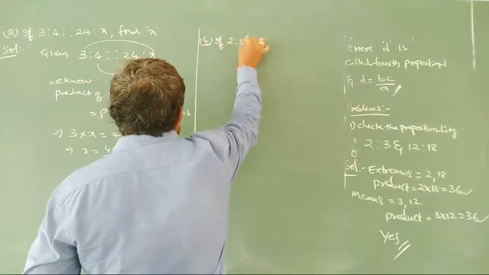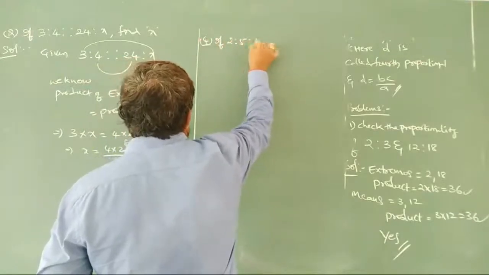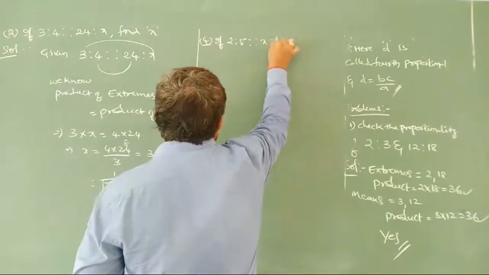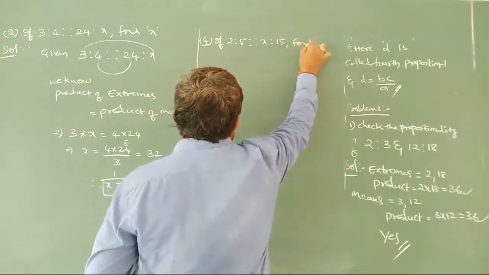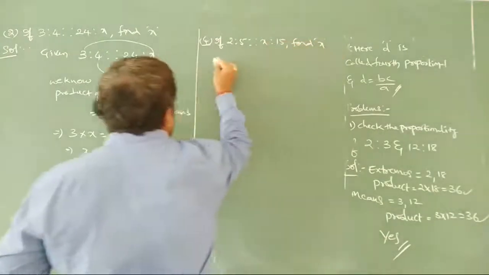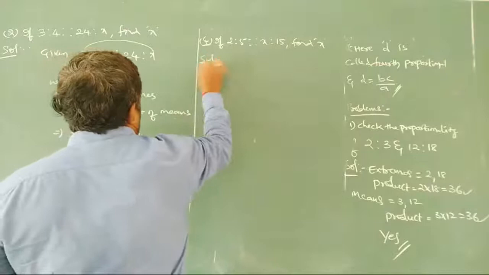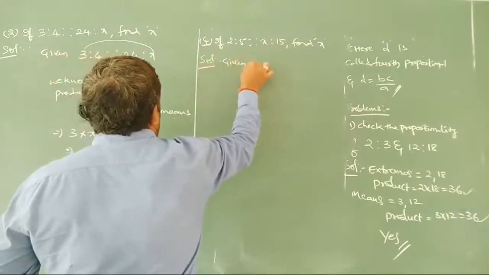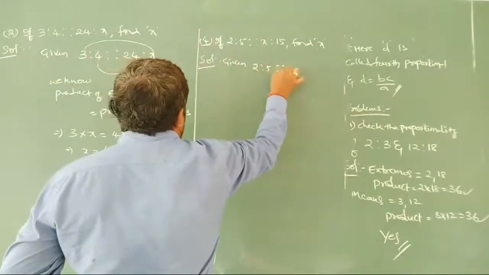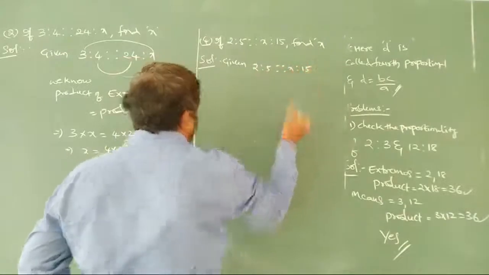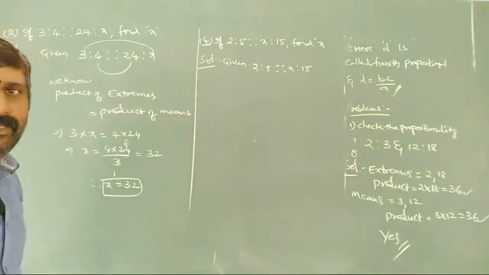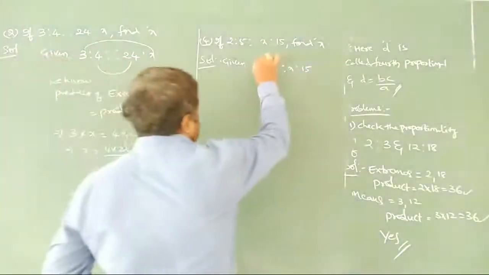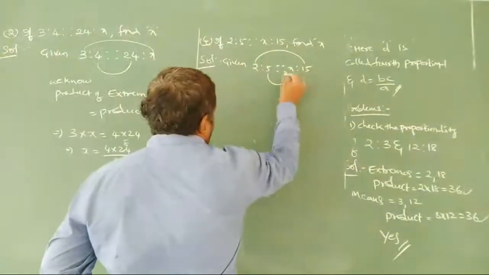If 2:5 is proportionate to x is to 15, find x. Similar problem. Given 2:5 is proportionate to x is to 15. Now product of means, product of extremes. Extremes 2 and 15, means 5 and x.